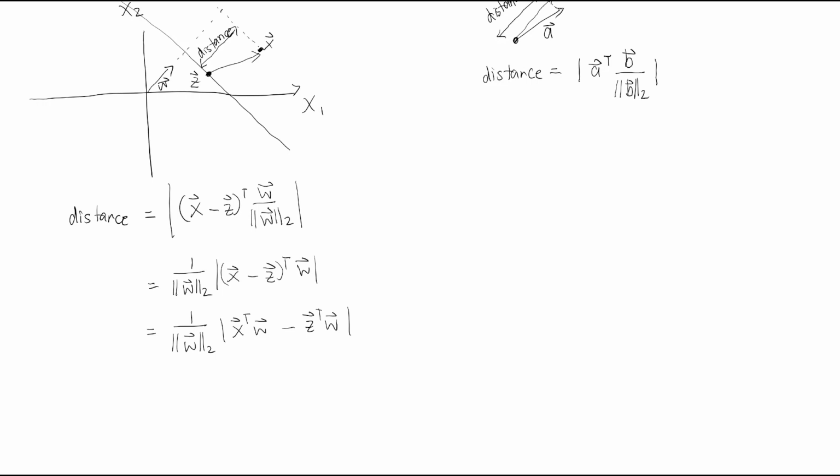So z transpose w, which is equal to w transpose z, that's going to be equal to b. So in the end, we have 1 over 2 norm of w, and then I'm going to reverse the order, which doesn't matter, minus b. So this is the distance from the hyperplane to x. So we'll be using this calculation a bit later to formulate the optimization problem for the SVM.